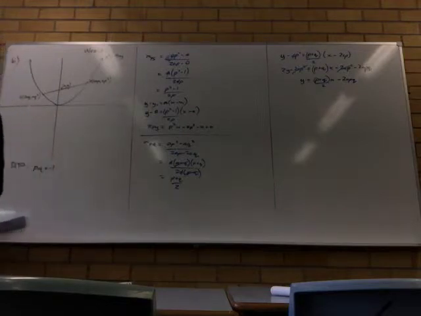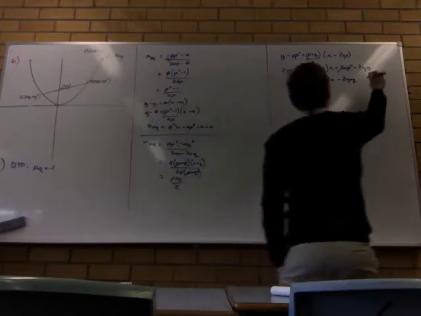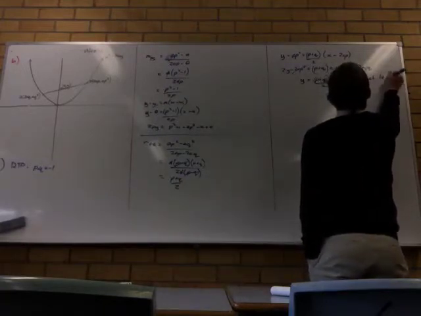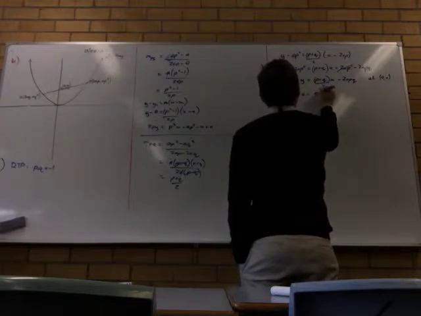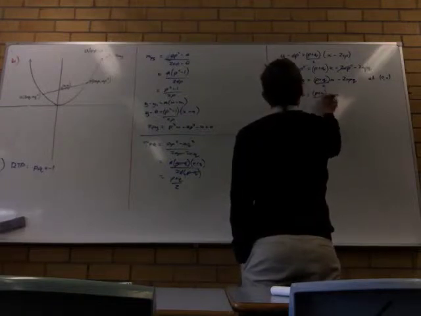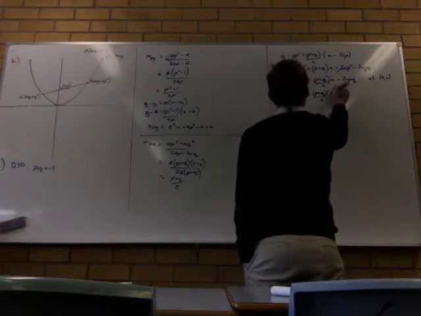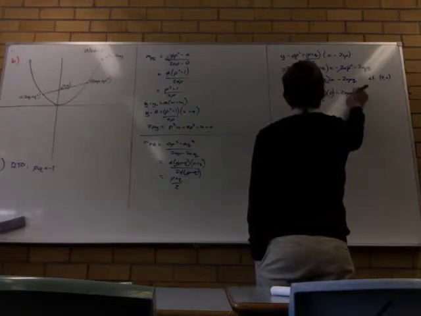You might need to put another line or two in there to get that. Alright, so now it goes through the focus. So at (0, a), a is going to be (p plus q) over 2, times (0 minus 2ap).